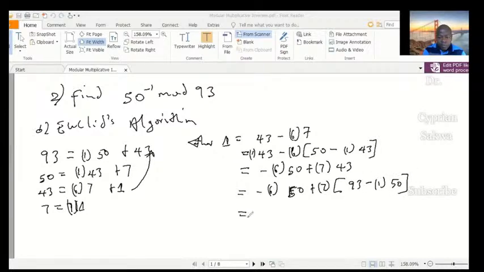So when you open the brackets, what you have is 7 multiplied by 93, and 7 times negative 1 will be negative 7. Negative 7 plus this will be negative 13 multiplied by 50. So now we have that 1 equals this. In other words, negative 13 is the inverse.